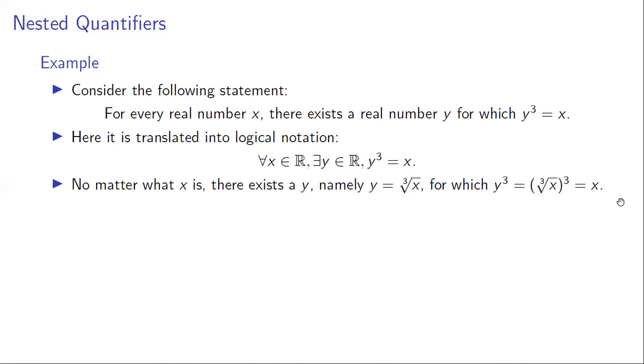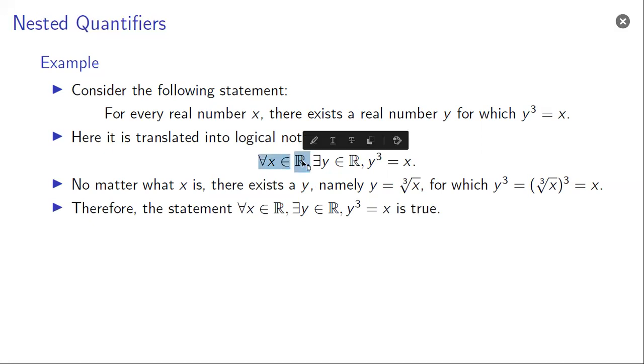So this works, right? This statement is true because it says that for all x, I can find a y such that y cubed is equal to x. And that's true because no matter what x is, I can find a y, namely the cube root of x, for which y cubed is equal to x. So the statement is true.